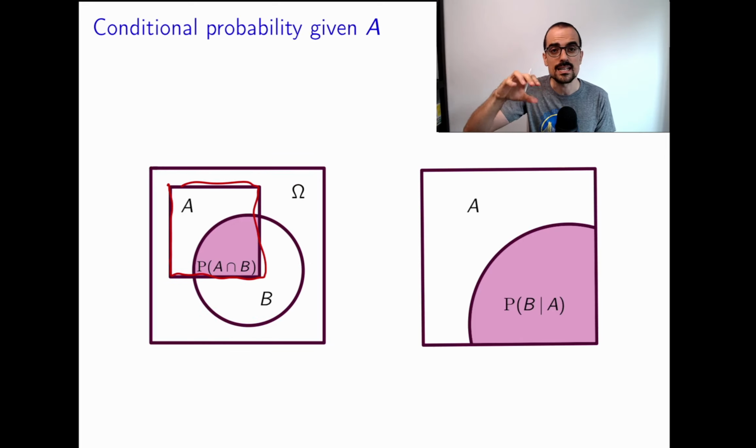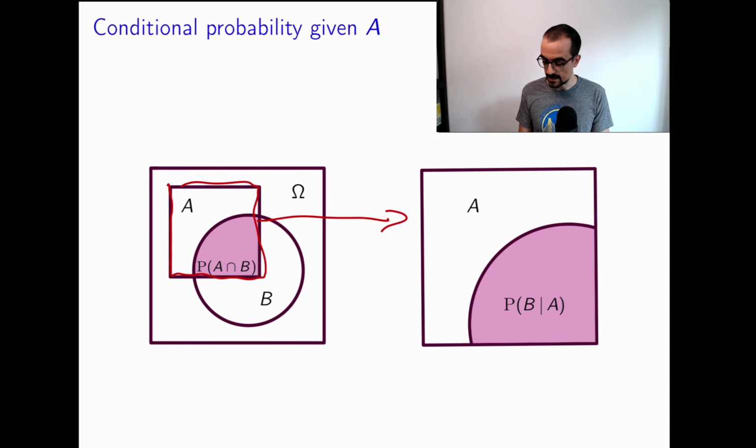But now that square has area smaller than 1, right? Whatever probability the probability measure assigned to it. So we have to blow it up so that it has probability 1, and the probability measure is a valid probability measure.